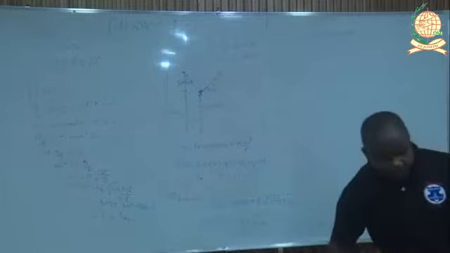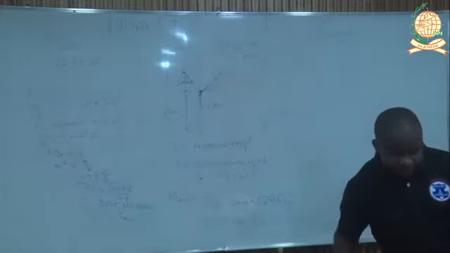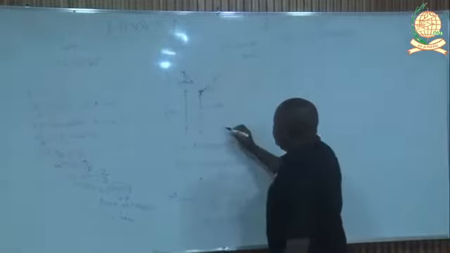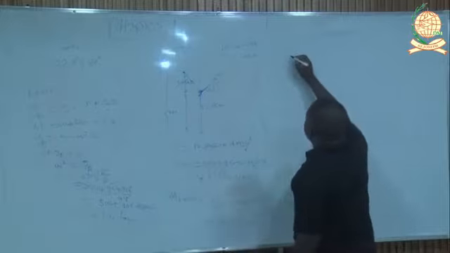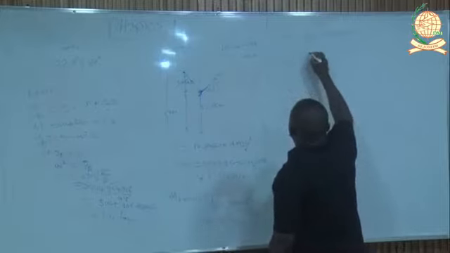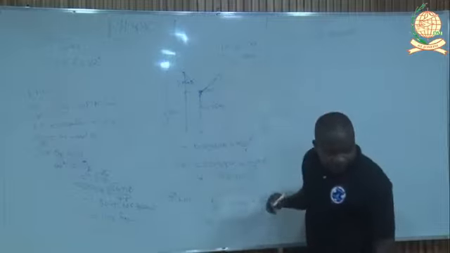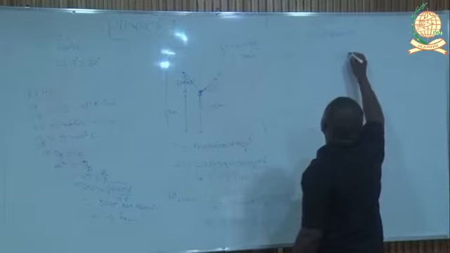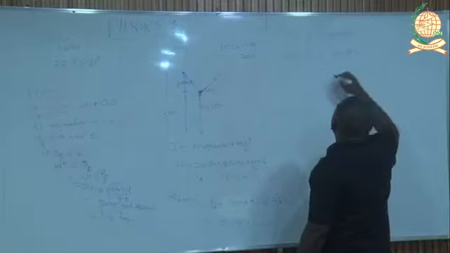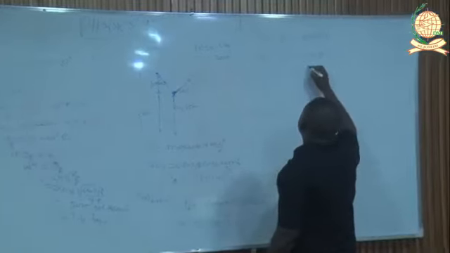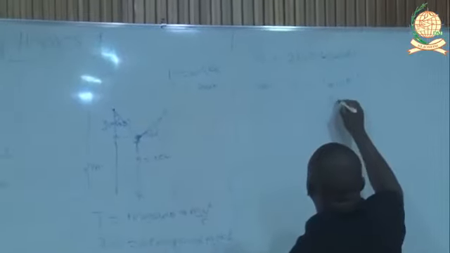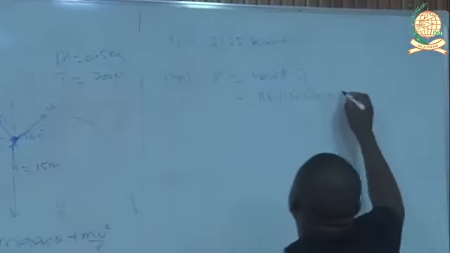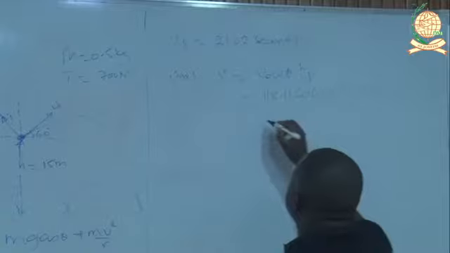The next question, horizontal distance traveled from this point to this one. This is x. This is Roman 4. X, of course, is V0 cosine of the angle of projection times time of flight. This is equal to V0, which is 118.1, cos of 60, times time of flight 21.02.